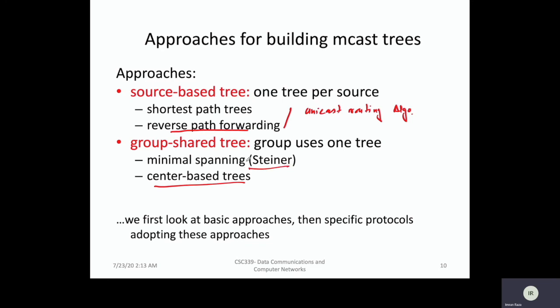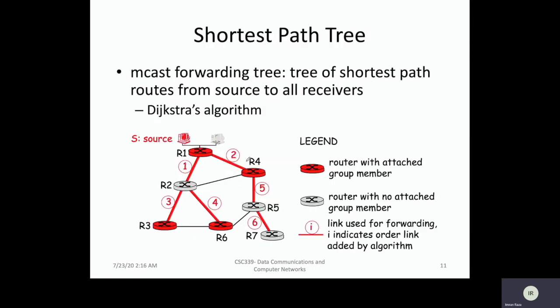It's a difficult job to find a tree which is the shortest tree for each and every source machine in the network. It's a difficult job, right? So first let us look at these basic approaches, and then we'll look at the protocols that are implementing these basic approaches. So let's talk about the shortest path tree, the spanning tree, right?